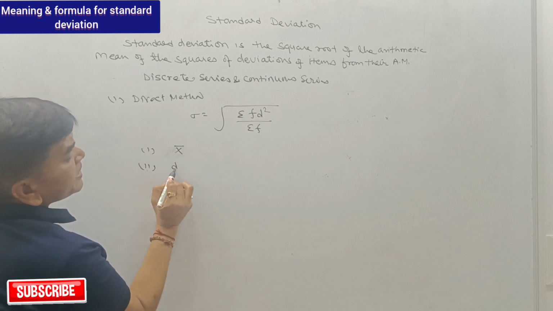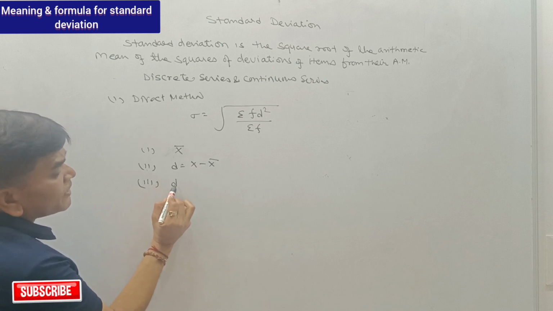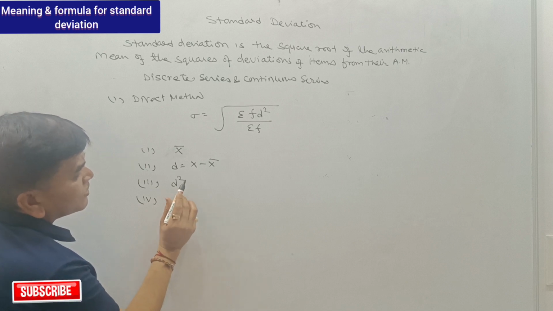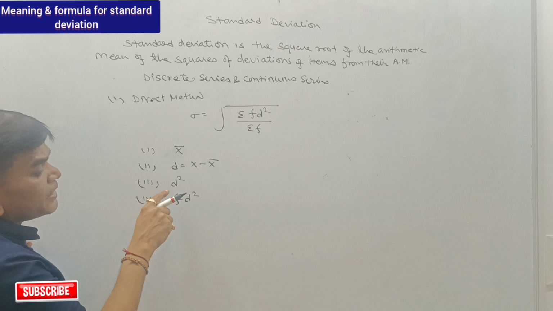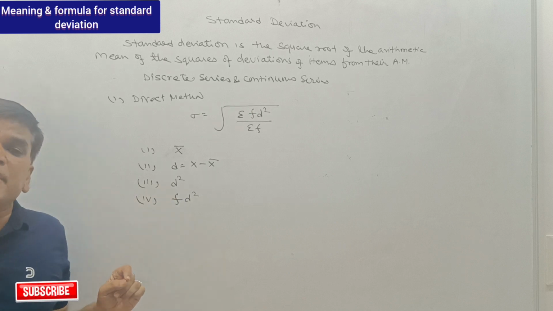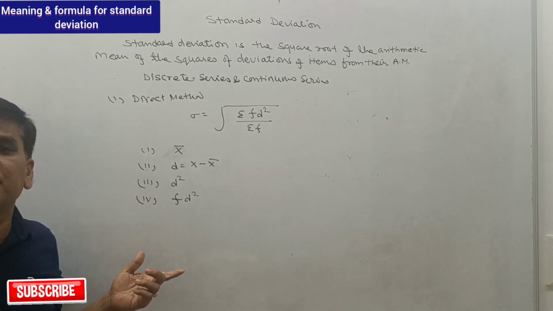Second, d is equal to x minus x bar. In the third step we take the square of this, d square. In the fourth step we multiply frequency with the squares of deviation, f d square.